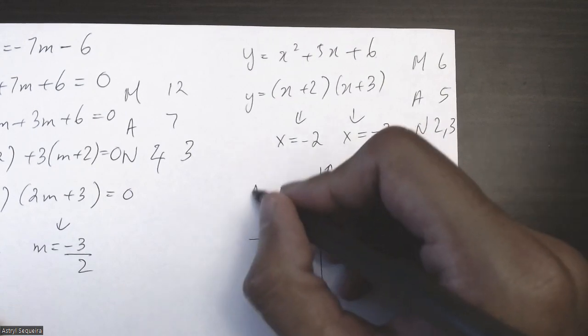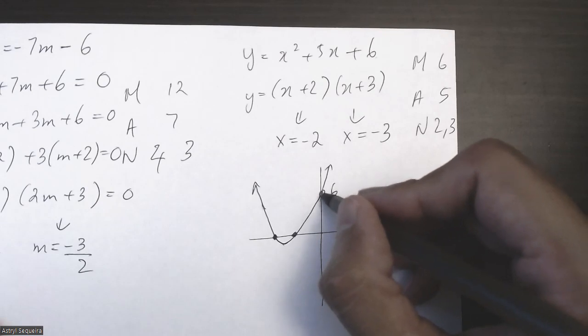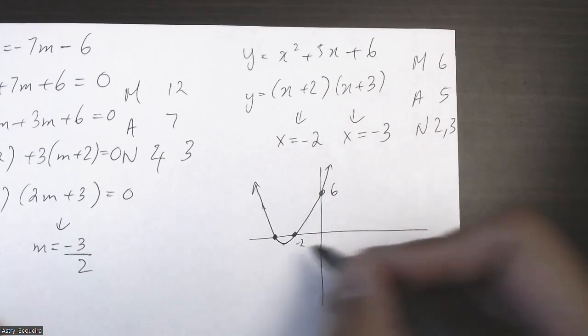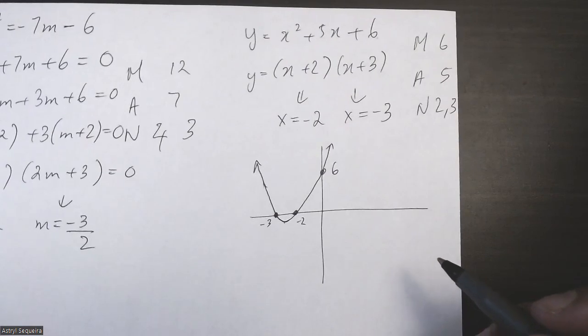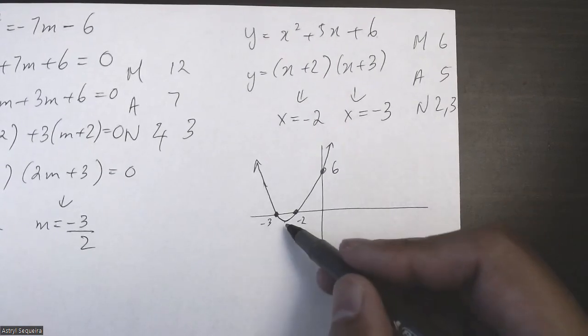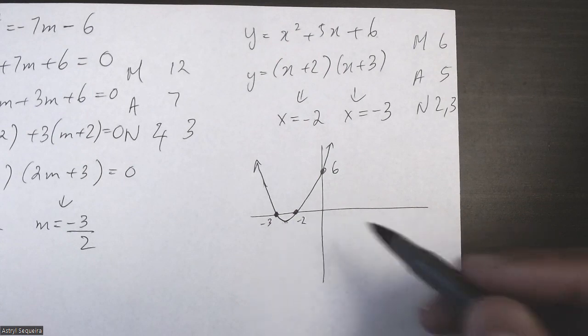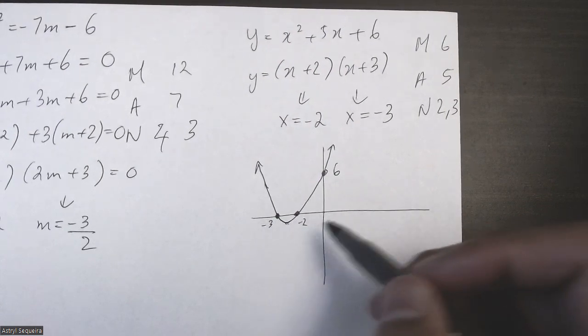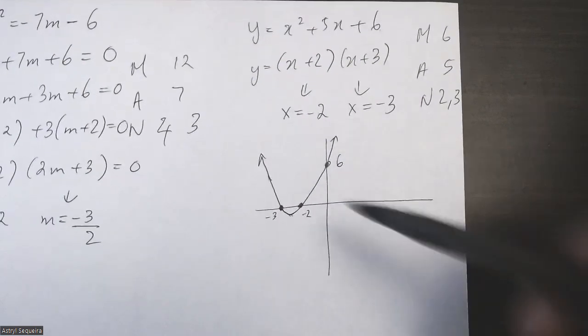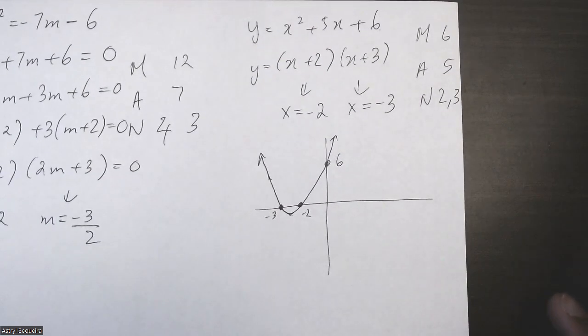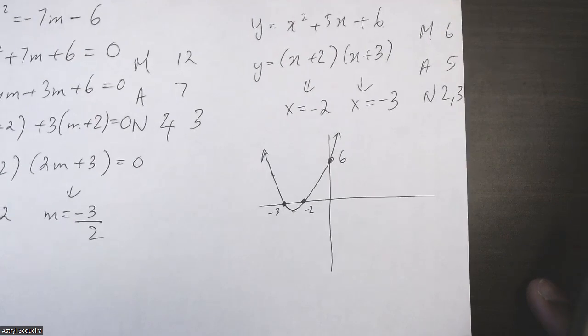As long as the points are labeled clearly, it's good enough. So that's 6, that's -2, that's -3. Then we can find the vertex of this graph as well by doing the midpoint method. But again, I'll show that a bit later. Just want to show you a bit of sketches with x-intercepts and obviously the y-intercept from standard form.